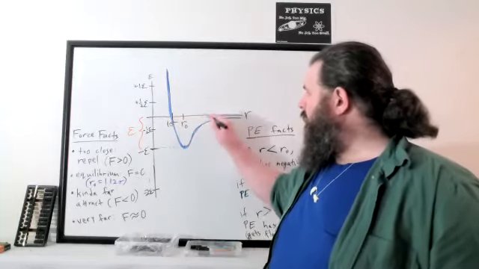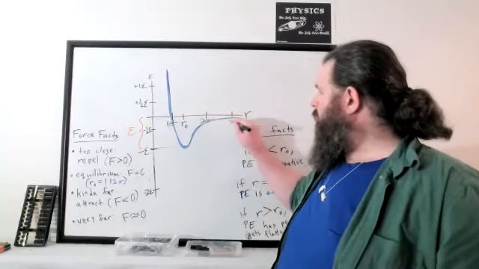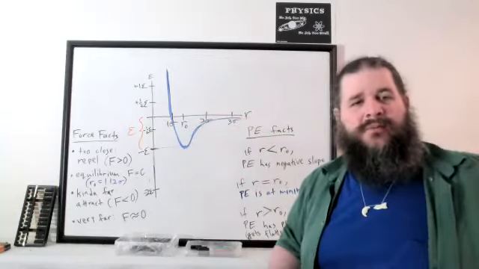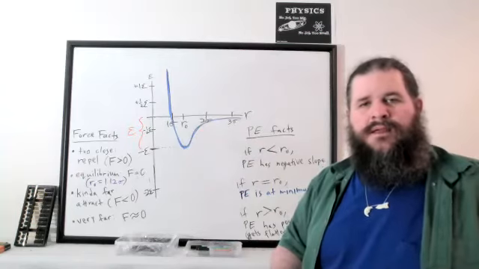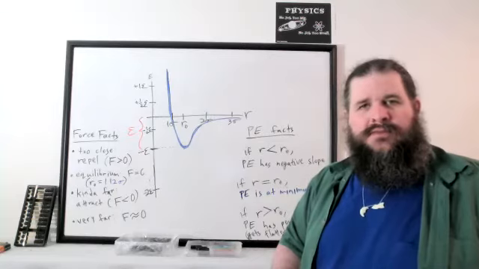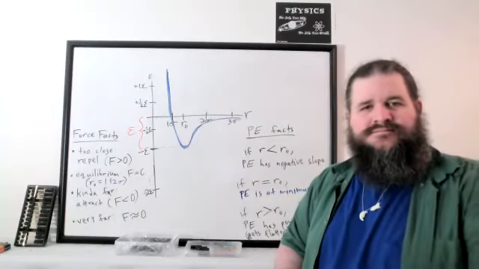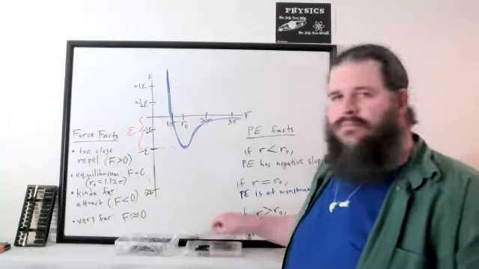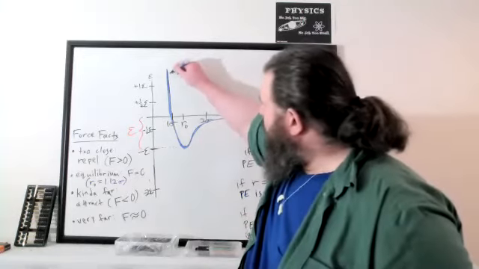We got 1 sigma, 2 sigma, 3 sigma, and so on. And r-naught specifically is about 1.12 sigma. Any questions on that graph so far and the labels on it? And that is, of course, our potential energy graph.